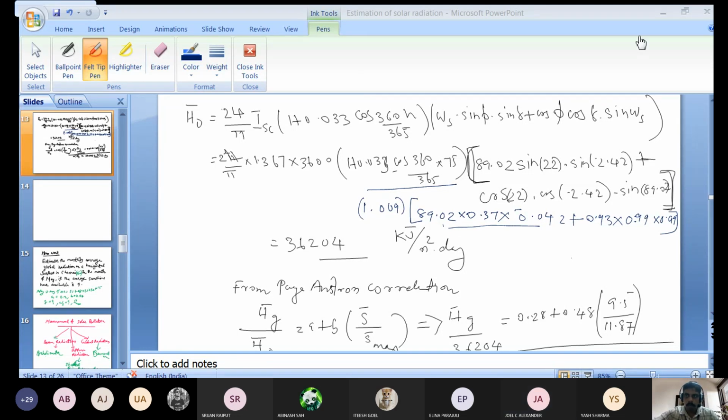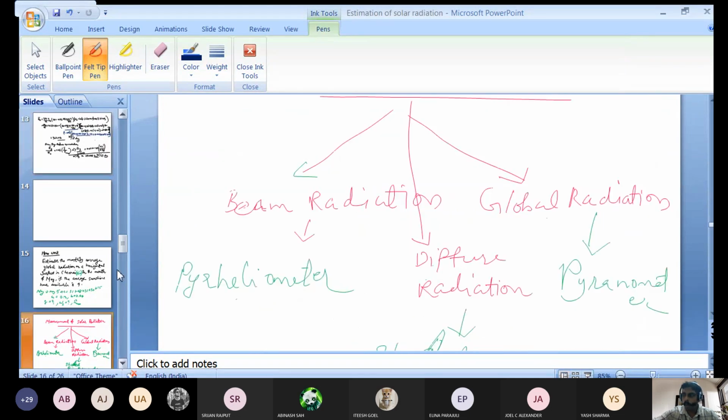Now we will move to what is called measurement. Measurement means, in the last class we have estimated. What is the difference between estimation and measurement? Solar radiation we can estimate as well as measure on the Earth's surface.